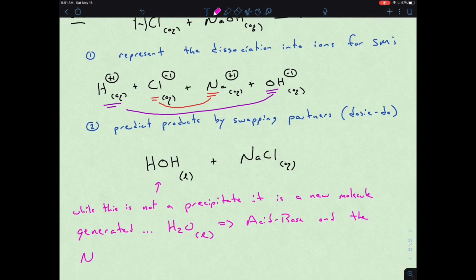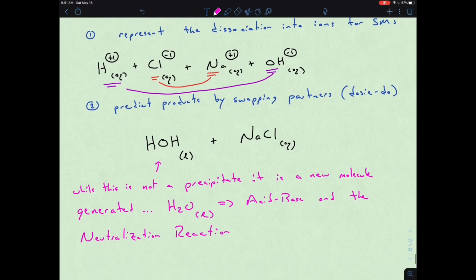And in the case of acids and bases, that new product is always going to be water, and that's always a result of acid-base chemistry and the neutralization reaction when we're reacting those two together.